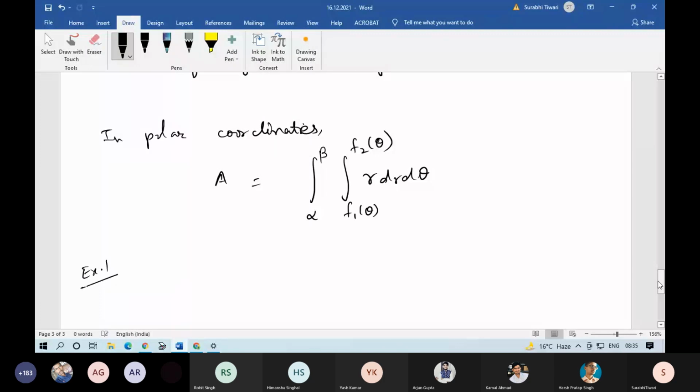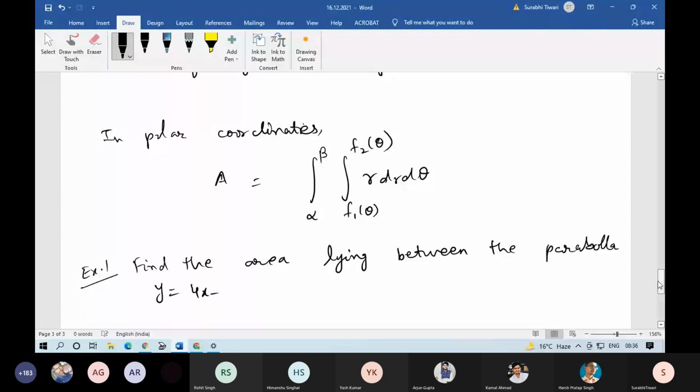Find the area lying between the parabola y is equal to 4x minus x square and the line y is equal to x.